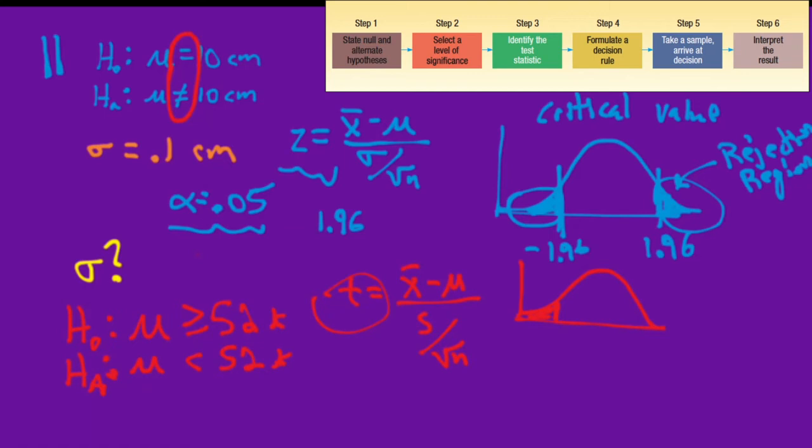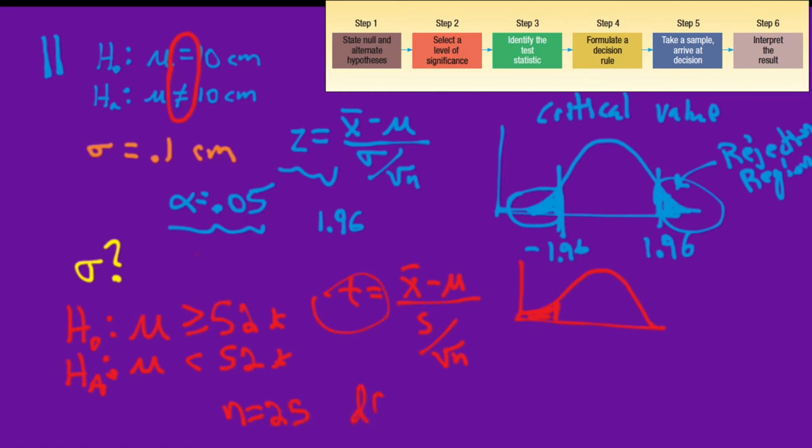Let's say we're taking a sample size of 25 individuals in the community. So n is going to be 25.